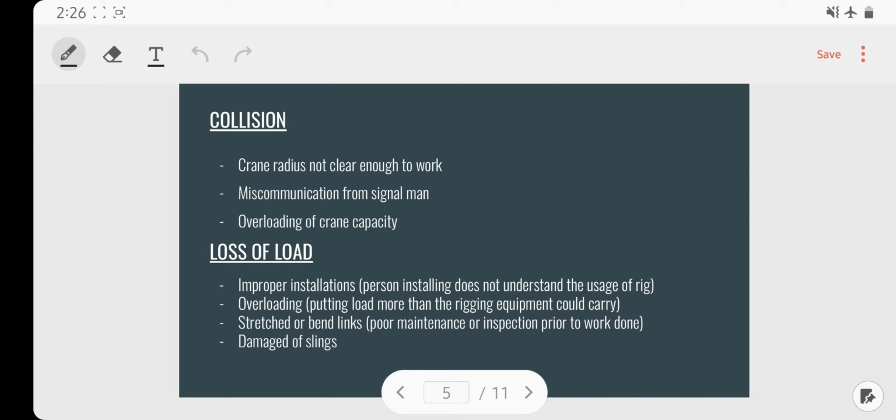Besides overloading, the rig must also be checked properly. Any stretched or bent links can cause accidents as well, can cause the loss of load. Stretched or bent links must not be used by the crane operator and whoever is working there.